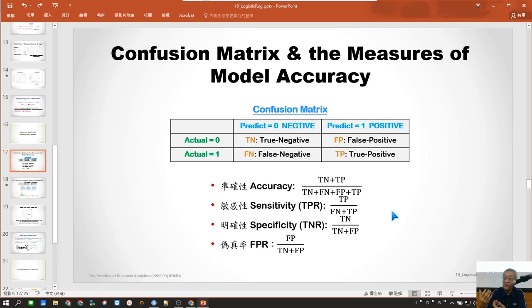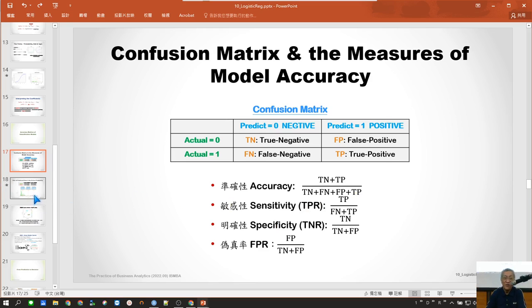Sometimes there is a trade-off between them. That is the idea about the accuracy measurement of a probability model.